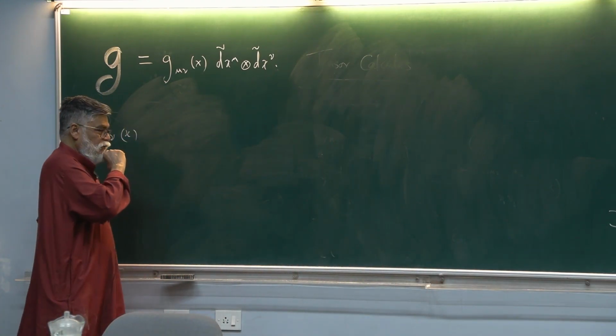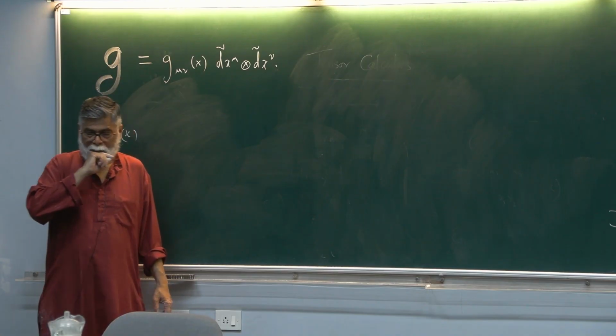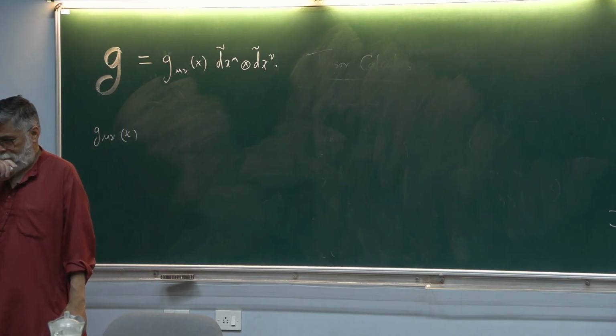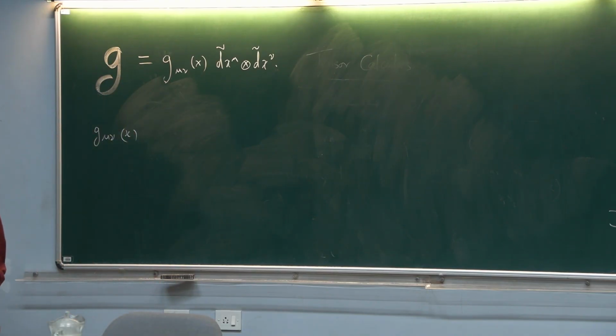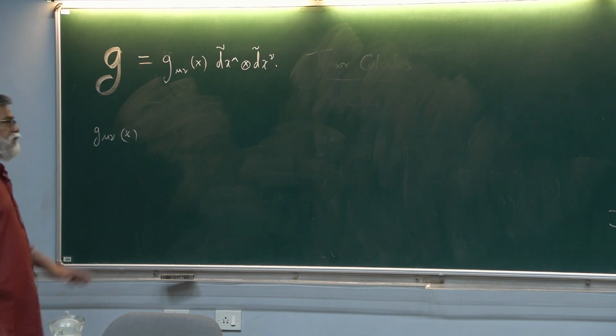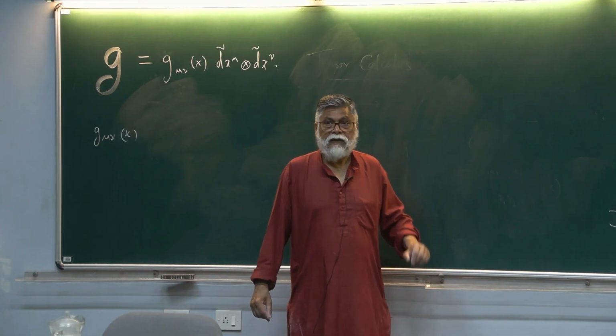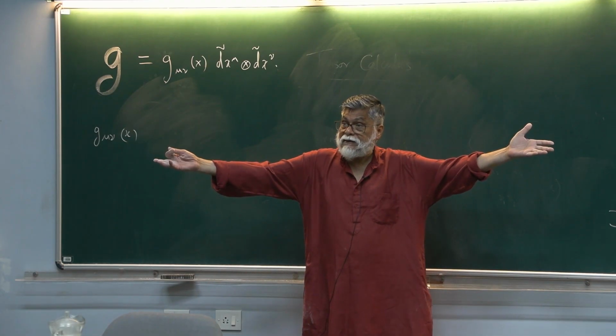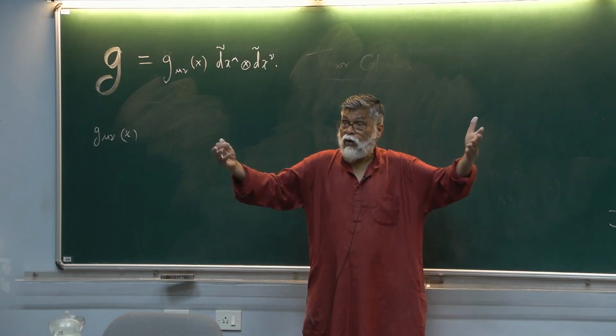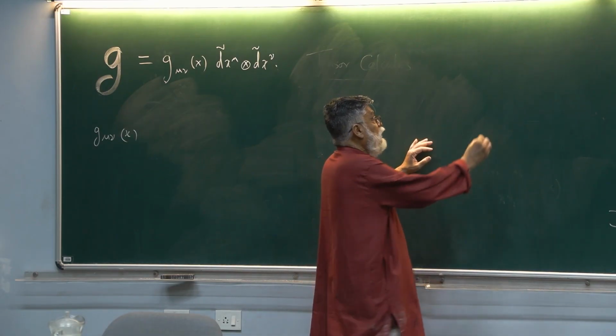Before that I have to say something. We talked about contravariant vectors, covariant vectors and so on. In the tensor calculus approach, how do contravariant vectors transform under coordinate transformation?